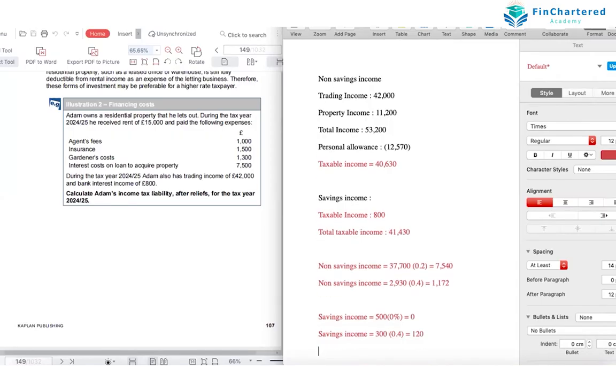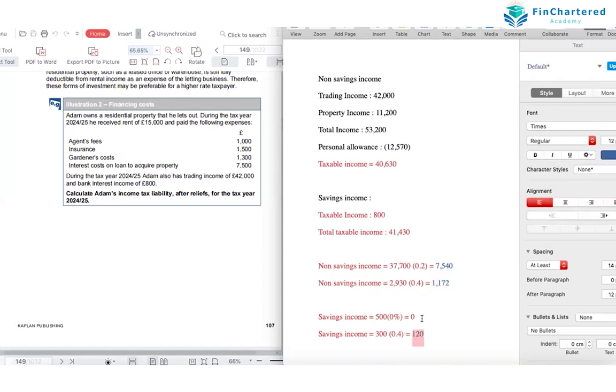Therefore, the total taxable income, the tax liability will be 7540 plus 1172 plus 120. Who can calculate and tell me this? 1172 plus 120 plus 0.